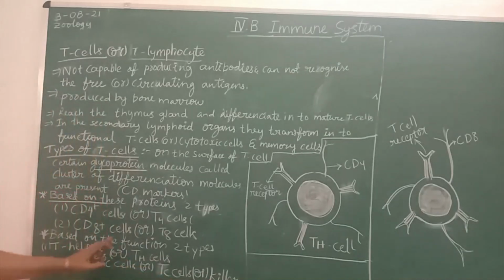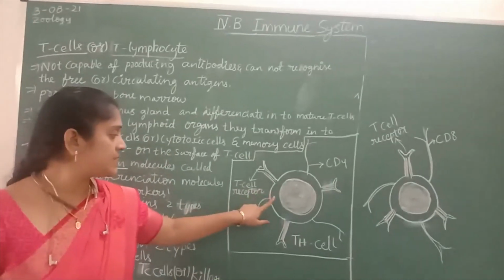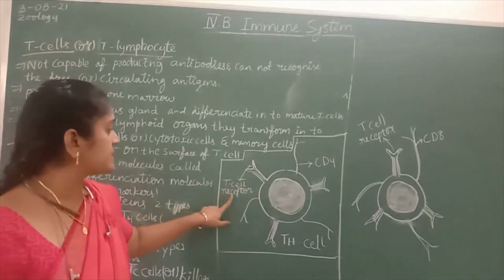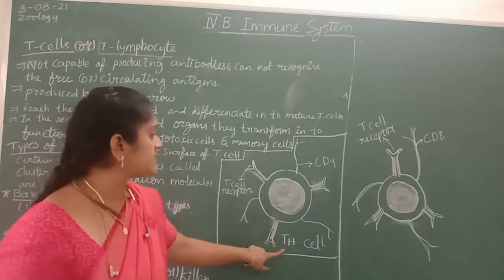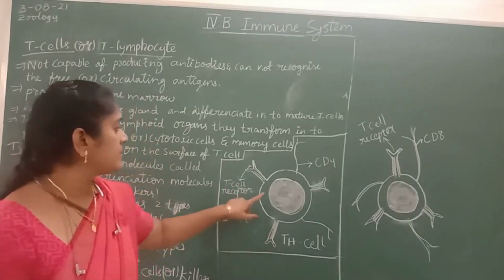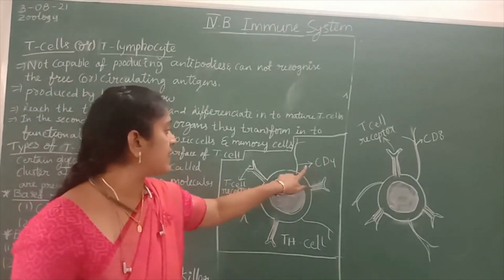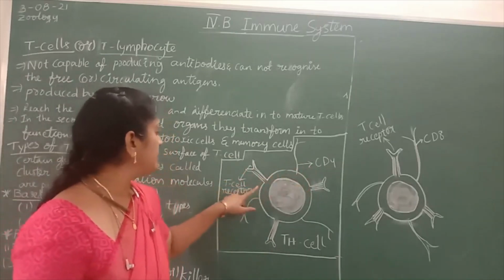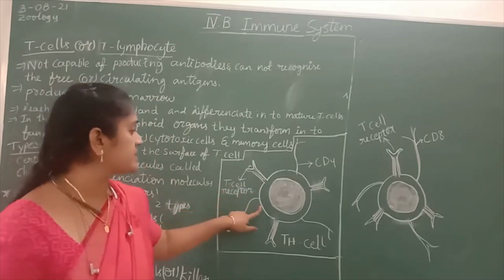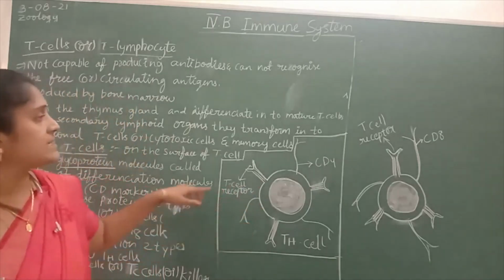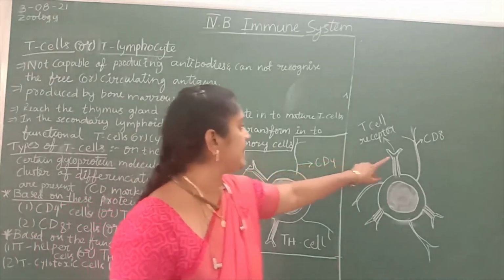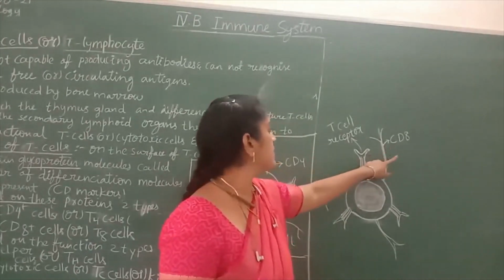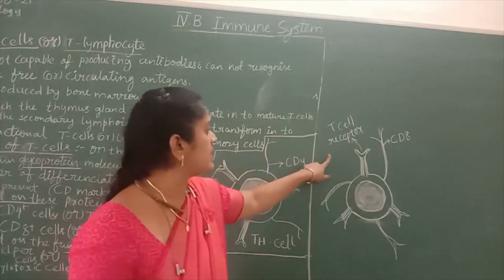So these T cells: TH cells have the T cell receptors. This is the structure of the TH cell. Here the CD4 cells have T cell receptors, and the CD8 cells are also having TC cell receptors.